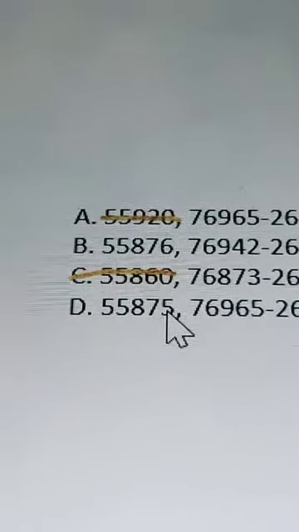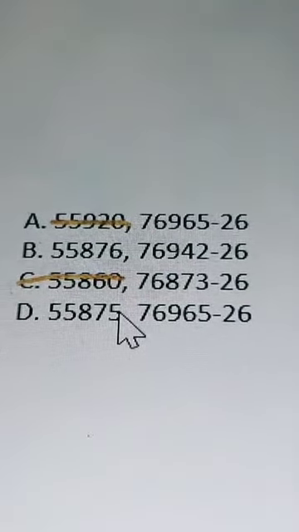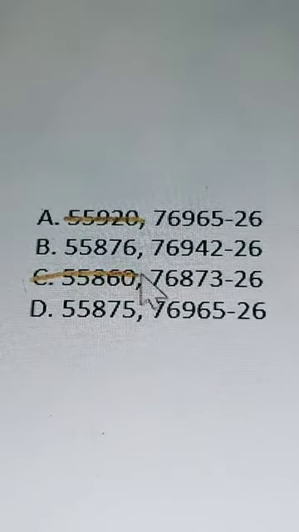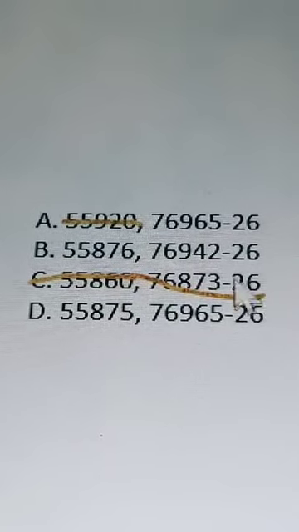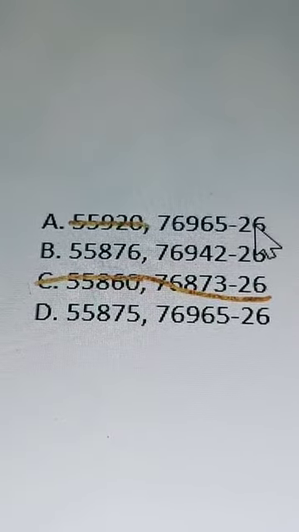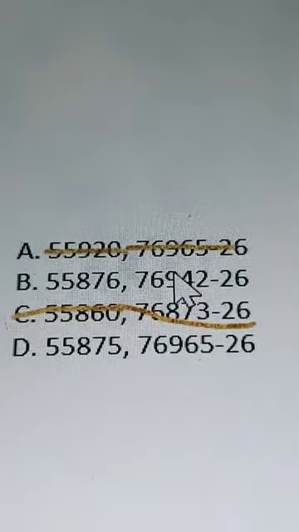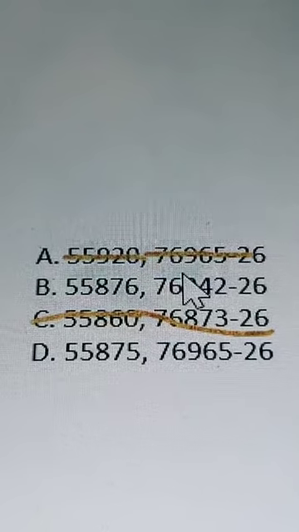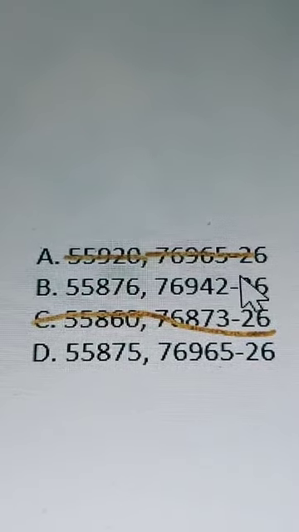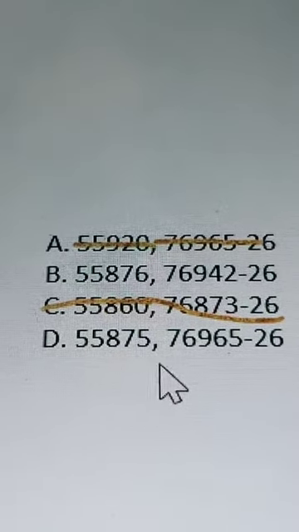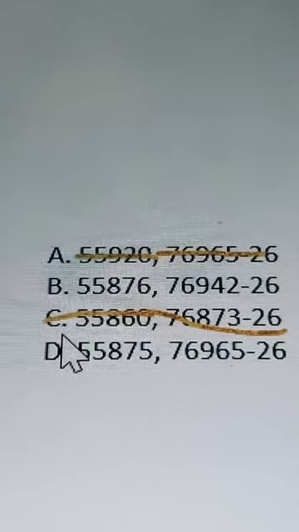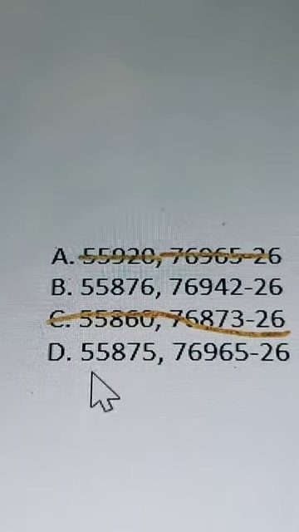I would pick the 2 that are the closest. Now, in evaluating what I removed, do you see anything here? I removed A, and it has the 76965 in it, which is in one of my keepers. So I'm already leaning D is my answer.